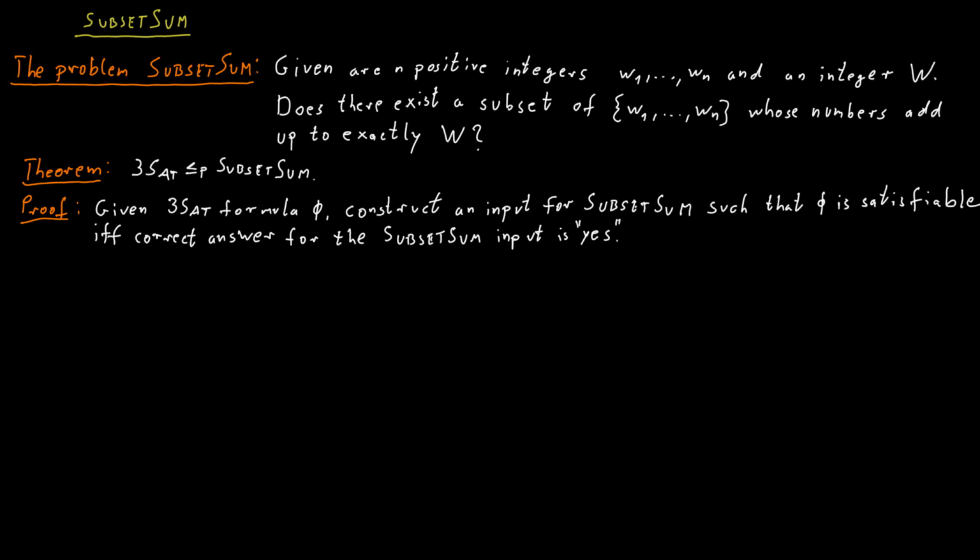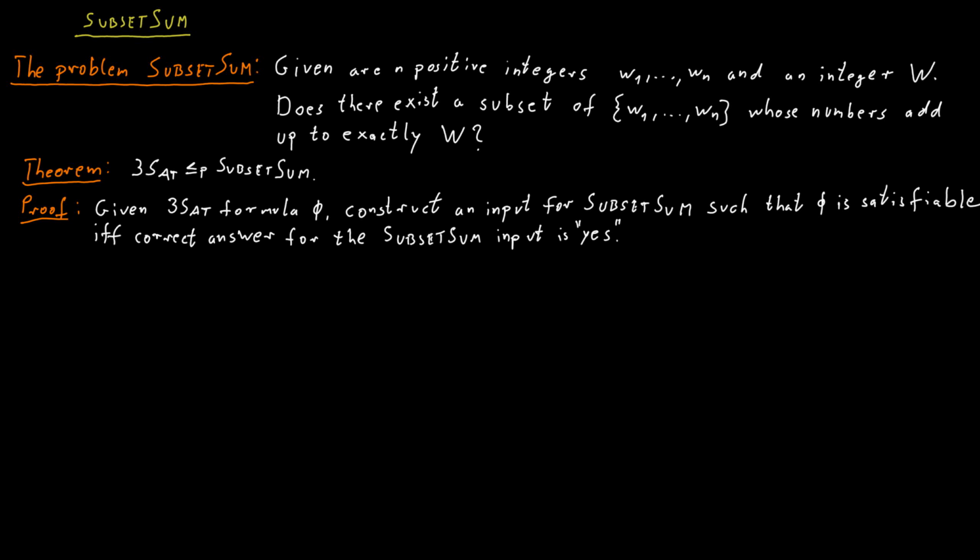So what are the crucial things for 3-SAT? Well, one important aspect for 3-SAT are the variables. And this is where the freedom comes in, right? So we can set a variable to true, or we can set a variable to false. And we are somehow asking whether there is a choice we can make here so that the formula is satisfied.